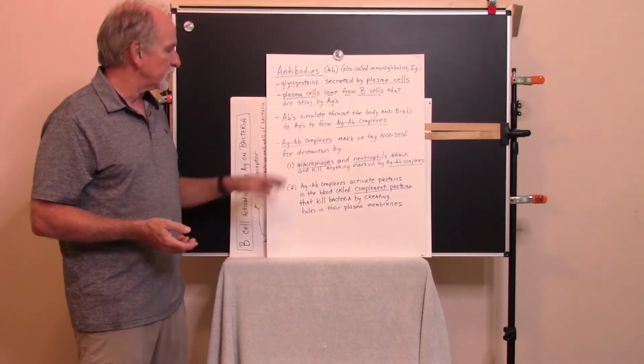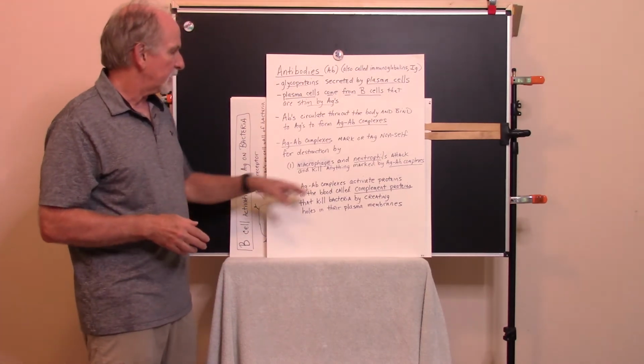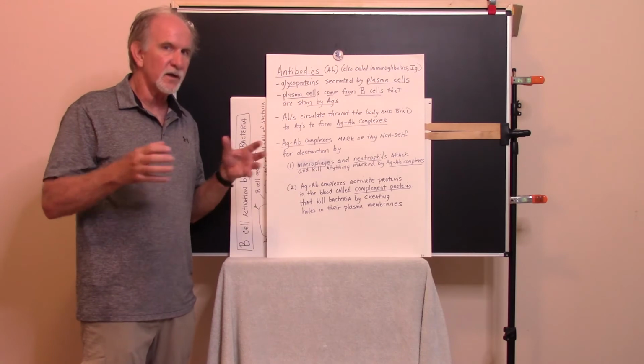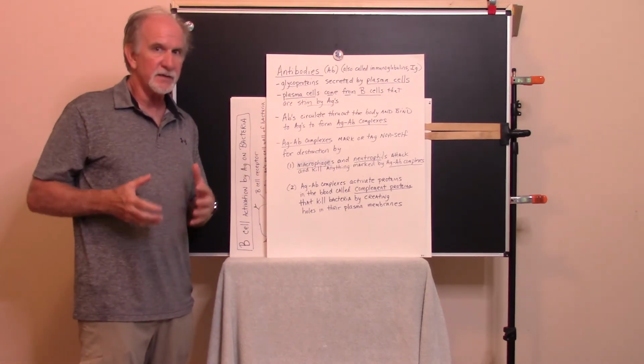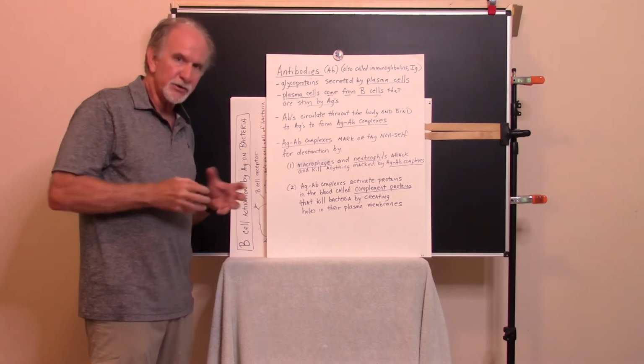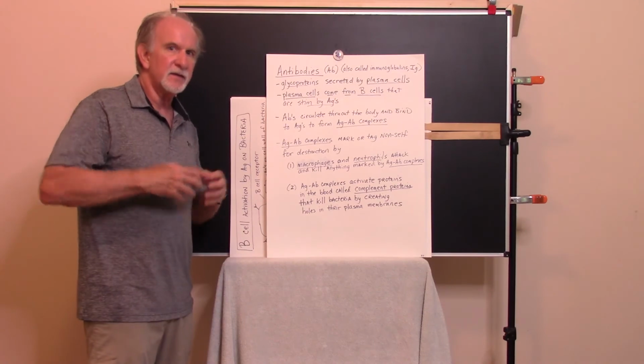And destruction occurs because antigen-antibody complexes will activate proteins in the blood called complement proteins. And complement proteins, once activated in the blood, will punch holes in the membranes of bacteria, and that kills the bacteria.